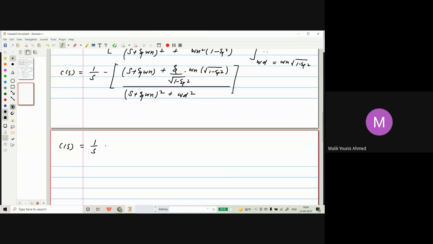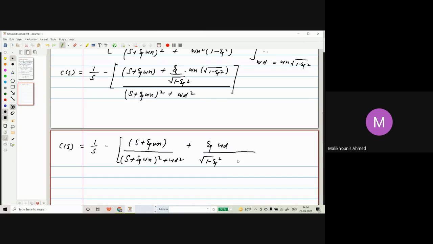1 by s minus s plus xi omega n, okay, and I will break this down to s plus xi omega n whole square plus omega d square. One term I will make it like this. Second term I am going to make xi, this I can write omega d divided by under root of 1 minus xi square.